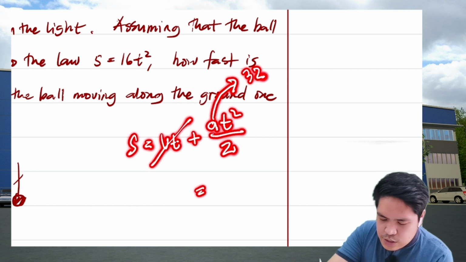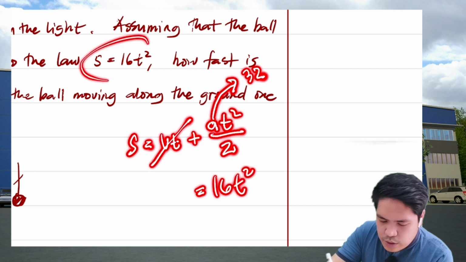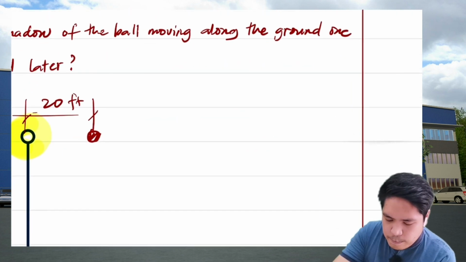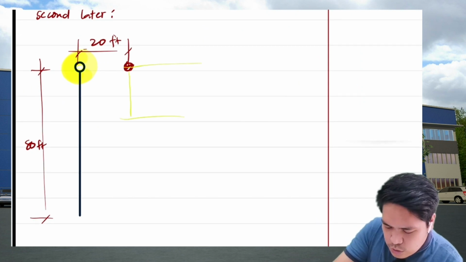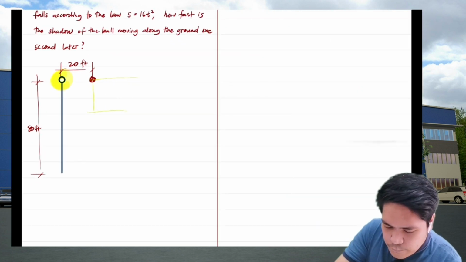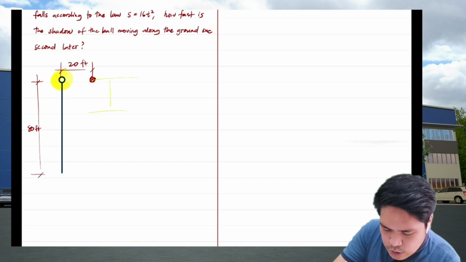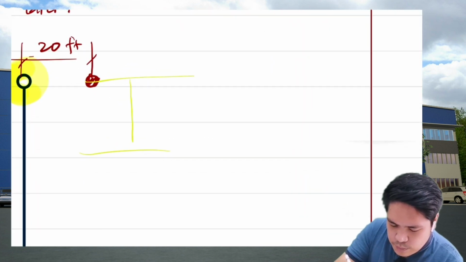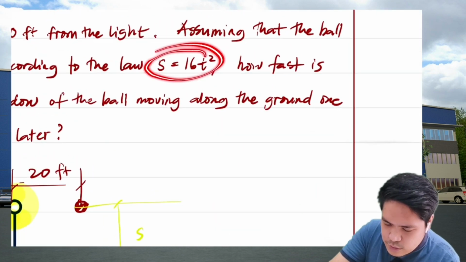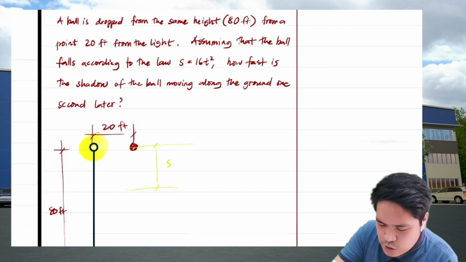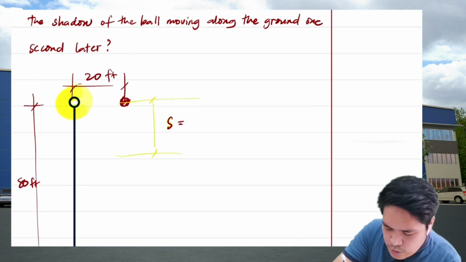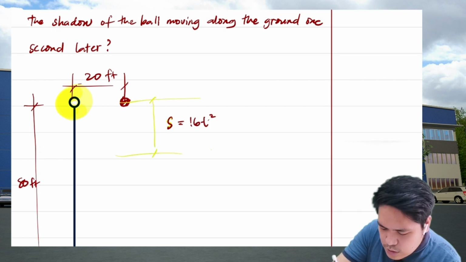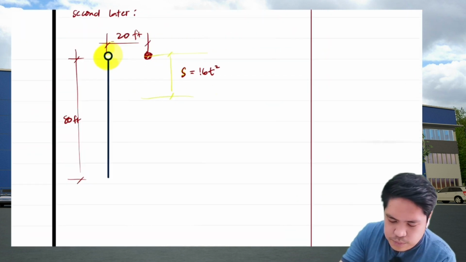That's why we have 16t squared. So yan siya. If the ball is dropping, ito yung distance that it will cover at a certain time, ito yung S. So at a certain time, may ika-cover siyang S. Okay? So S is equal to 16t squared. We know that. Okay?